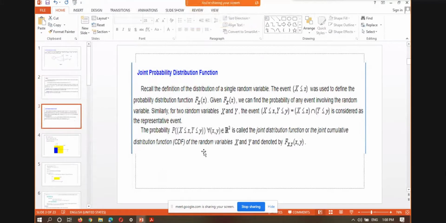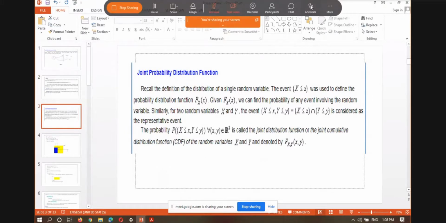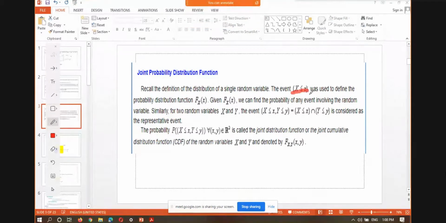We also discussed in yesterday's class the event X less than or equal to x for the case of one random variable. If we have two random variables X and Y, then this is the event X less than or equal to x, Y less than or equal to y, which means X less than or equal to x intersection with Y less than or equal to y.